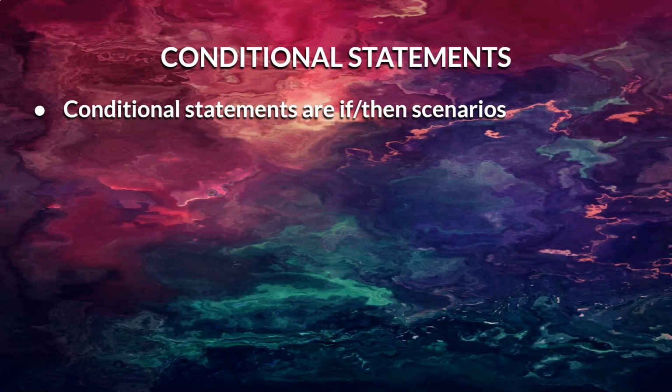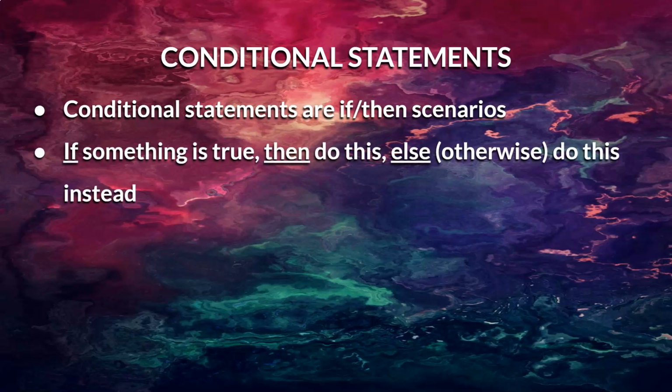So basically, it's a bunch of if-then scenarios. Well, if this happens, then that happens. So there's a logic to something that follows something else. It's cause and effect. So I underlined here if, then, and else, because these are actual terms that are used to phrase your codes so that it can look logical and you can have different steps follow from one to the next.